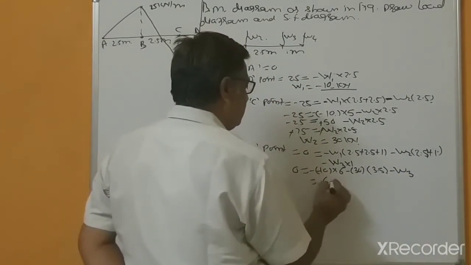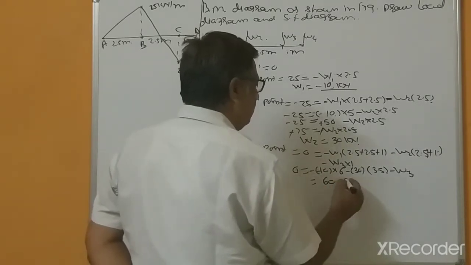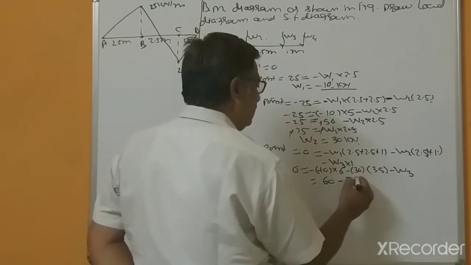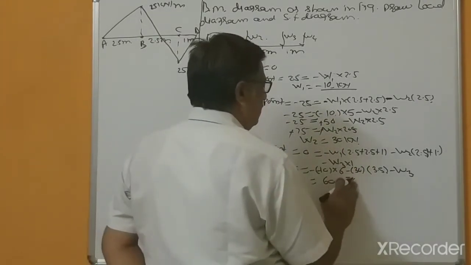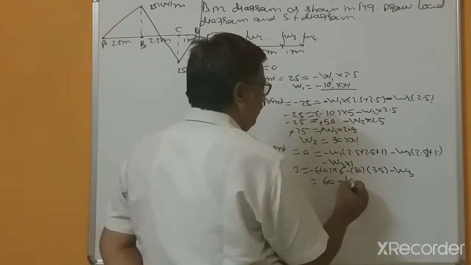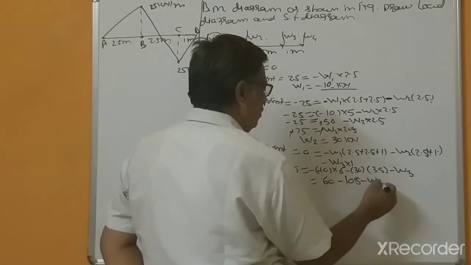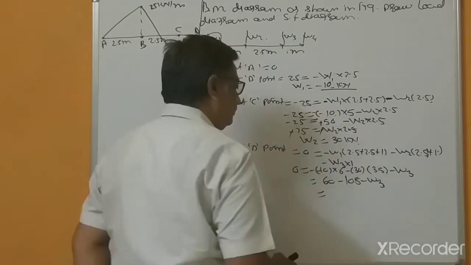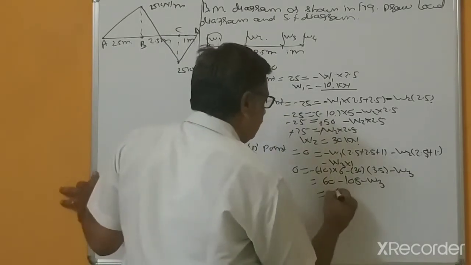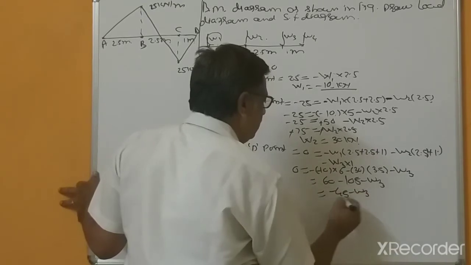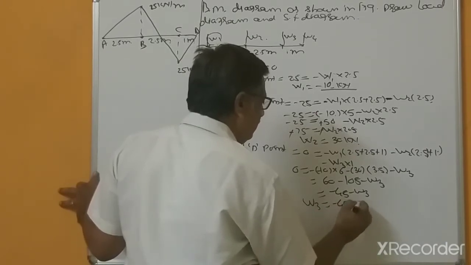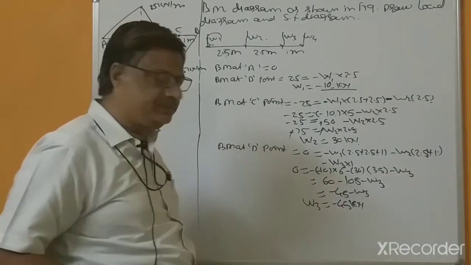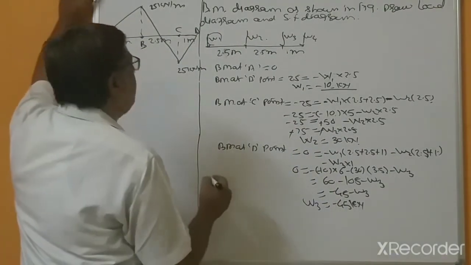This becomes 60 plus 60 minus 70, 30 into 105, W3, 45 W3, or W3 equals minus 45 kilonewton.